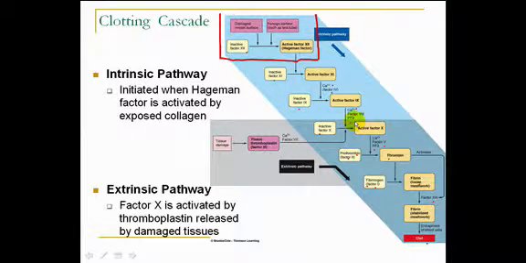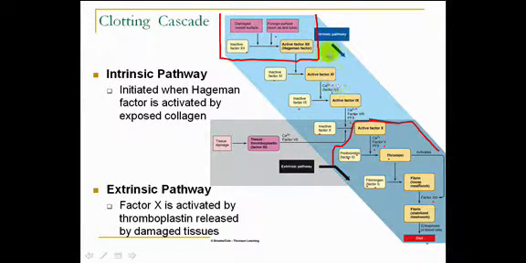You need to know that factor 10 is going to activate prothrombin into thrombin, and you need to know thrombin activates fibrinogen into fibrin. So you need to know what triggers the pathway, and these last steps of thrombin then activating fibrin to give you your clot. So pretty much everything.